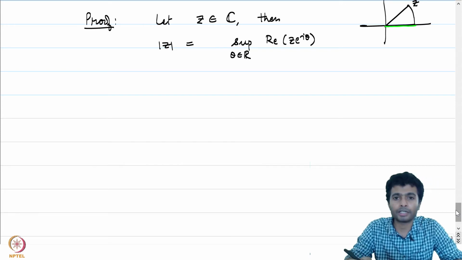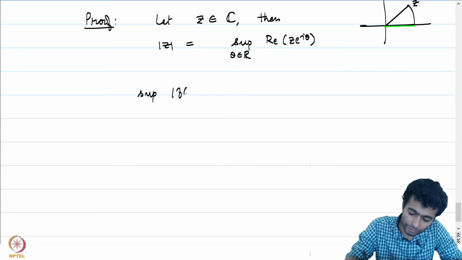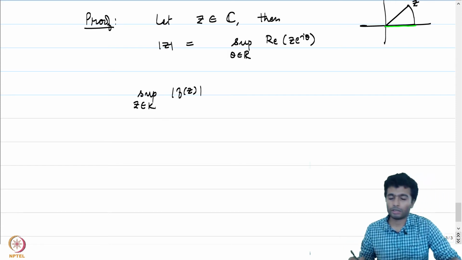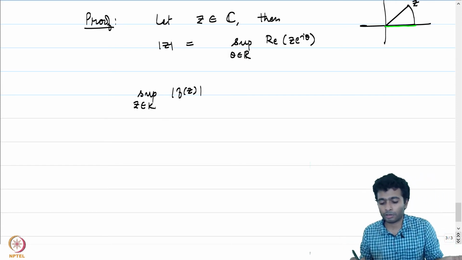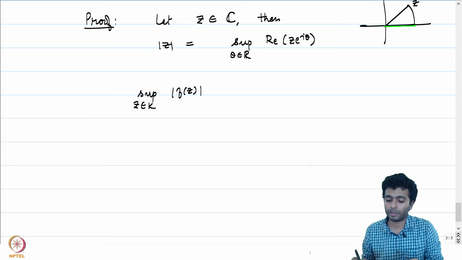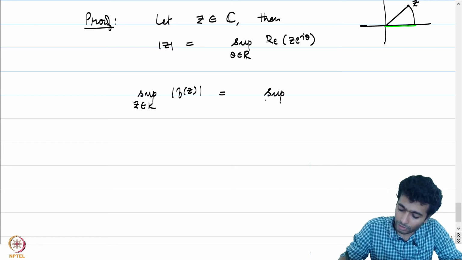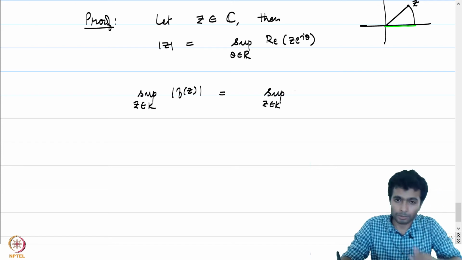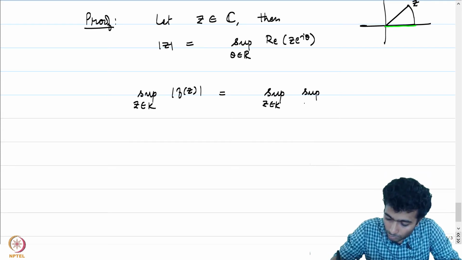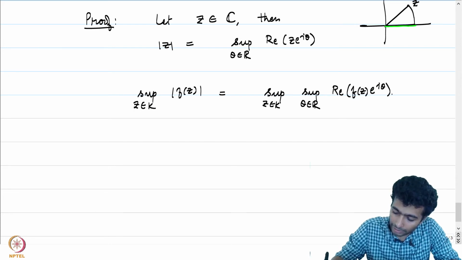We are interested in proving that the supremum of mod f of z, where z belongs to K, is the same as the supremum of mod f of z, where the supremum is now being taken over the boundary. But then we just noted that the absolute value can be written as the supremum over theta in R of the real part of f of z times e to the power i theta.